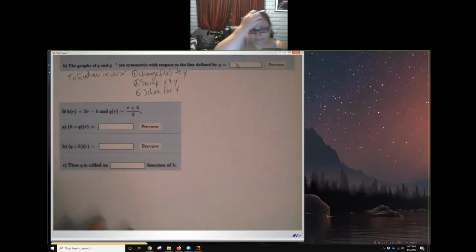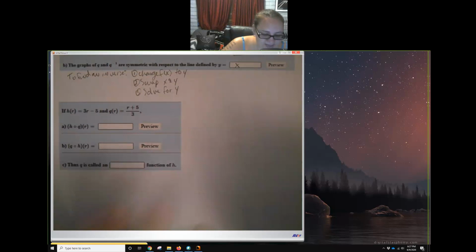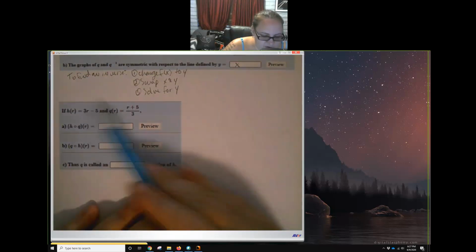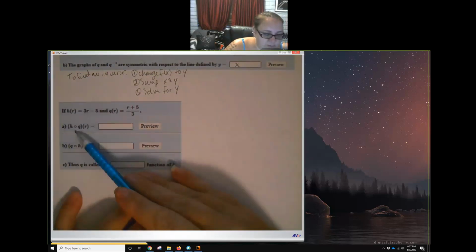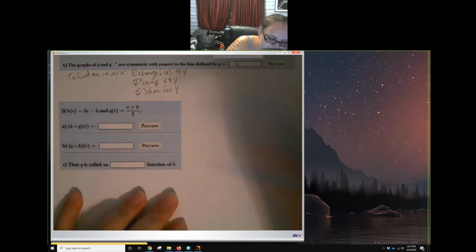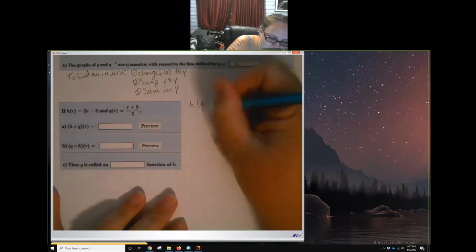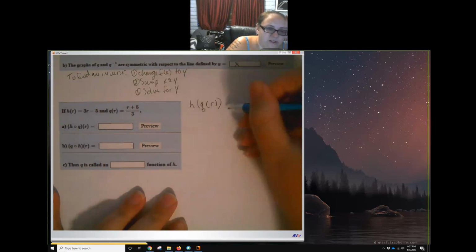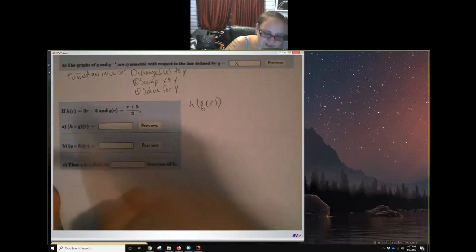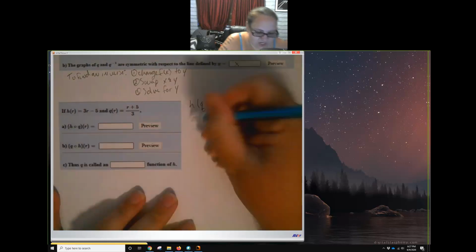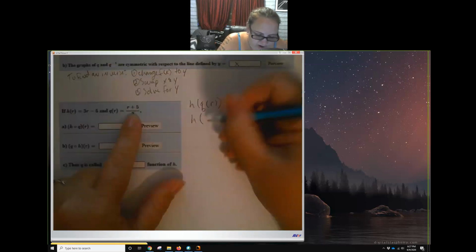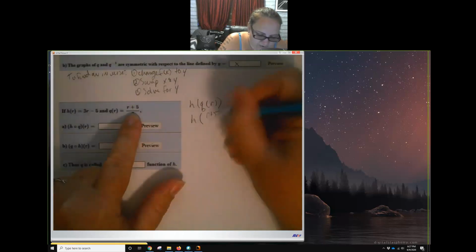Okay. All right. So he's given us 2 functions, h of r and q of r. And the first thing that we want to do, we're going to practice our skills from last week. Remember that h of q of r, with the open circle like this, it means this. So then that means I'm going to do h of q of r is r plus 5 over 4.